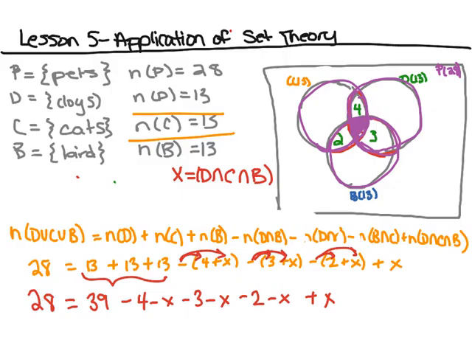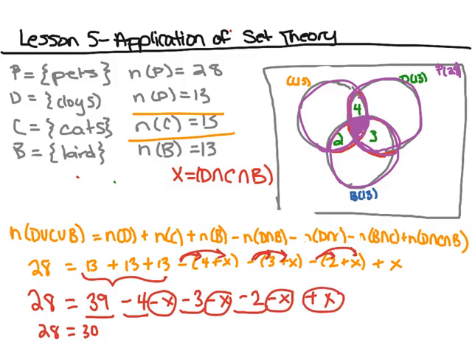Now we're going to continue to group our like terms. So we have 39 minus 4 minus 3 minus 2 is 30. 39 minus 4 is 35. 35 minus 3 is 32. 32 minus 2 is 30. Now we have 1, 2, 3 negative x's plus an x.